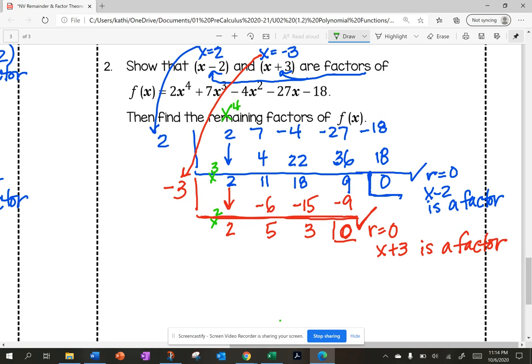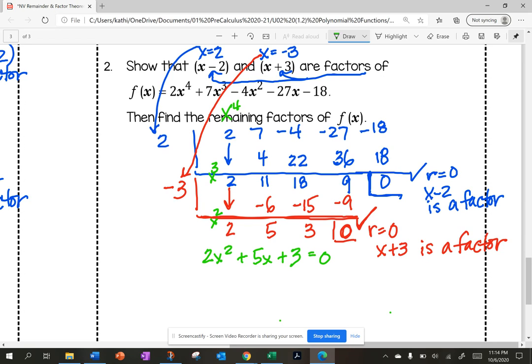So at this point, my equation is 2x squared plus 5x plus 3. And I need to factor this. So I'm setting this equal to 0. Okay, a is not 1.